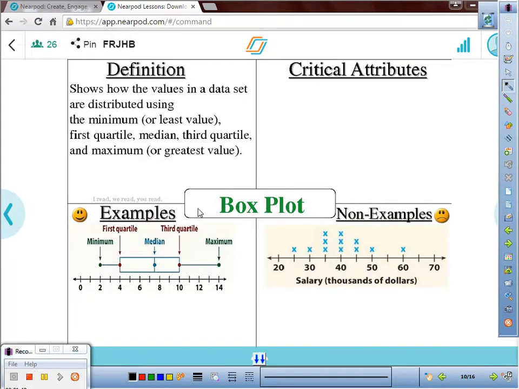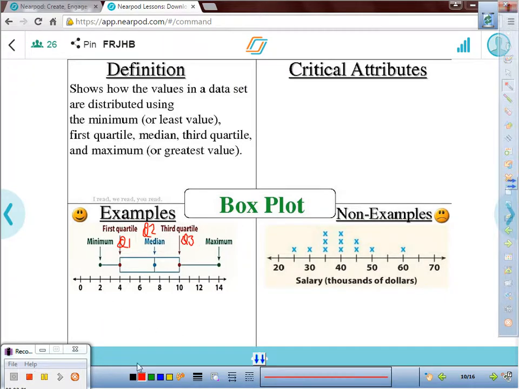Okay, so according to the definition, a box plot shows values distributed using the minimum, maximum, and all the quartiles. So check this out. First I'm going to label the quartiles. Quartile 1 is the one here at the beginning of this box, and it's Q1. The median is known as Q2. And the last part of the box, which is quartile 3, is Q3.